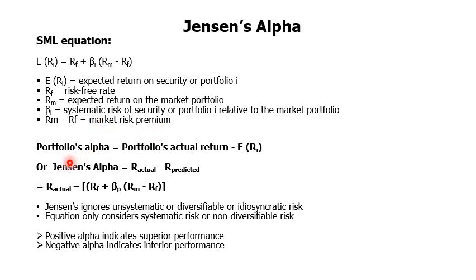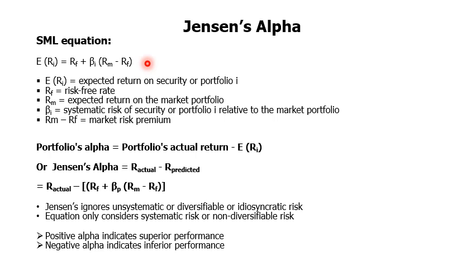Now, portfolio's alpha is the portfolio's actual return minus the expected return. Note that Jensen's alpha is based on the SML equation and measures the risk-adjusted return as alpha. Basically, the equation is used to determine the expected return of a portfolio, E(Ri), based on the market return Rm and the risk-free rate Rf during the period and the portfolio's beta.